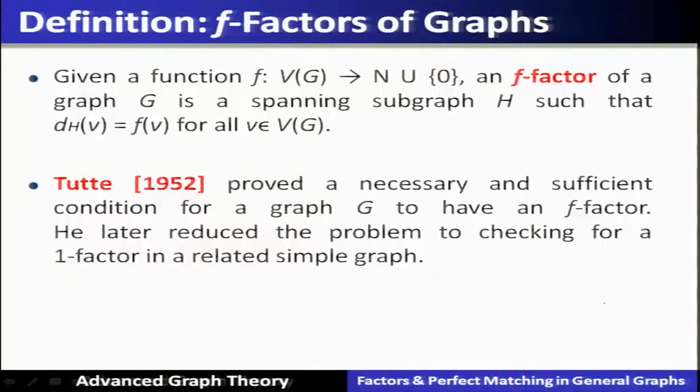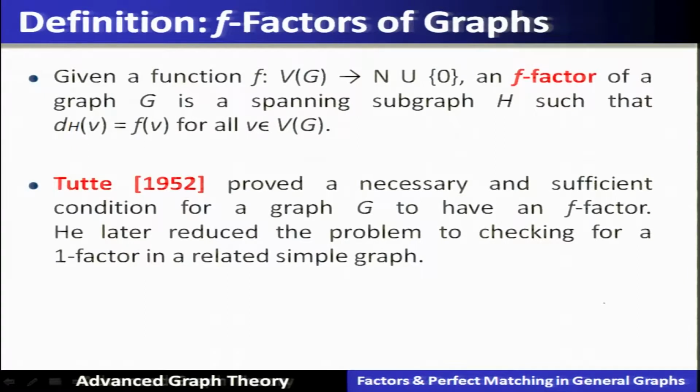Now, let us see the definition of an f factor. Given a function f which maps from vertices to a number n, which also includes 0 besides natural numbers, an f factor of a graph is a spanning subgraph H such that the degree of each vertex v is f(v), for all vertices.